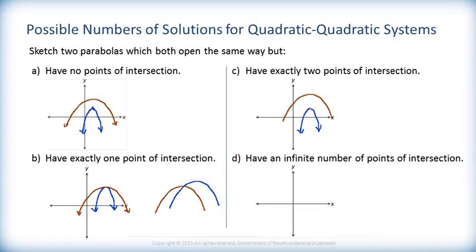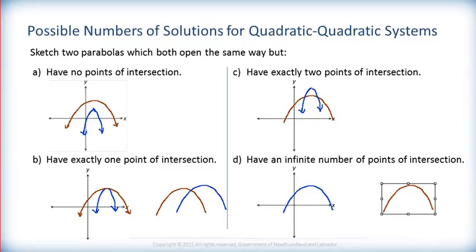Now, for exactly 2 points of intersection but opening the same way, I could start with those same two parabolas again that I had in part A and simply shift, say, the narrower one up above the wider one.